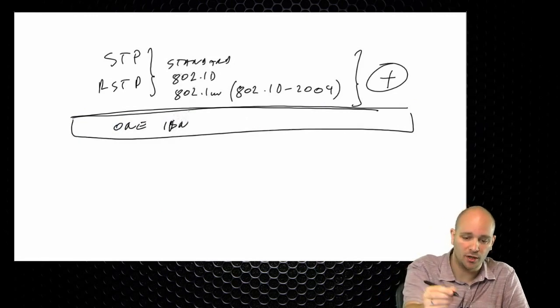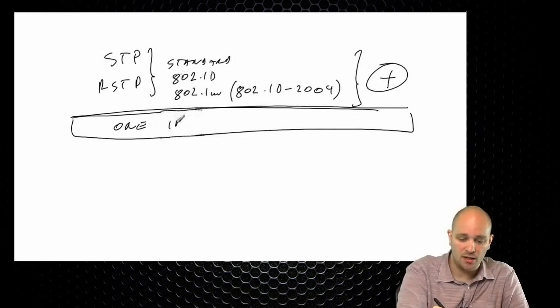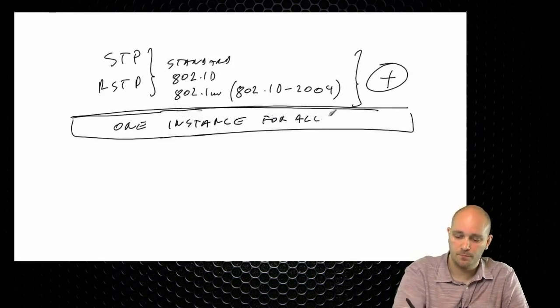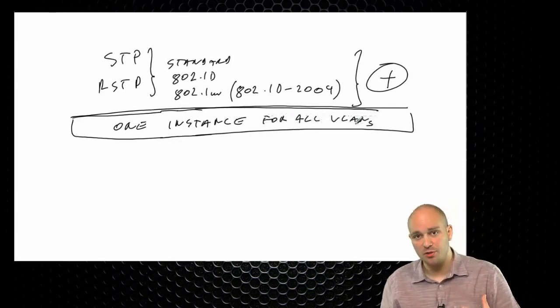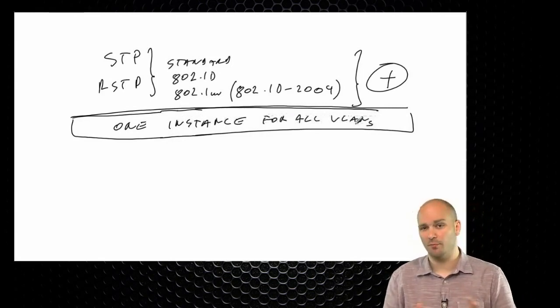Oops, I need to learn how to spell at one point in my life. It might actually help me a little bit. So there is one instance for all VLANs. So with these traditional approaches, there is no support for multiple VLANs. That was never envisioned by the spanning tree.